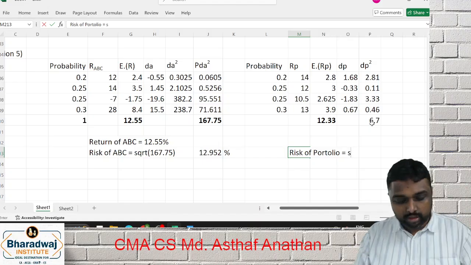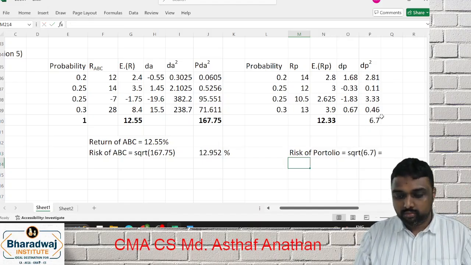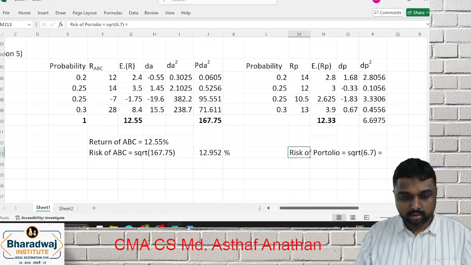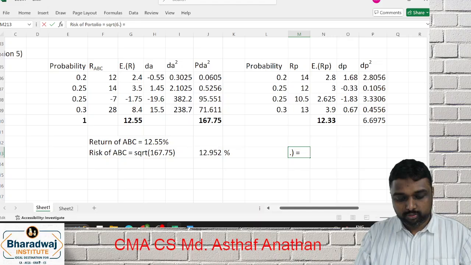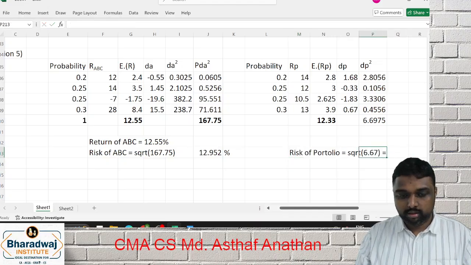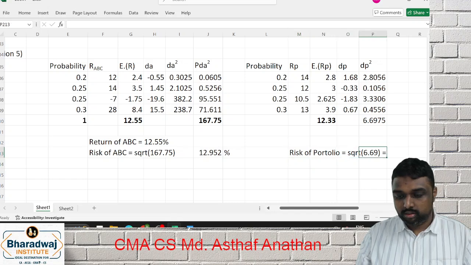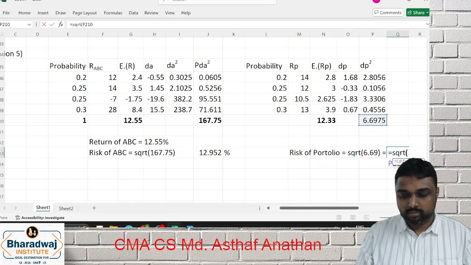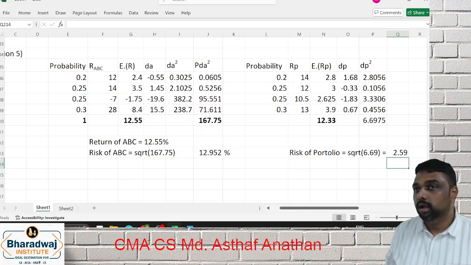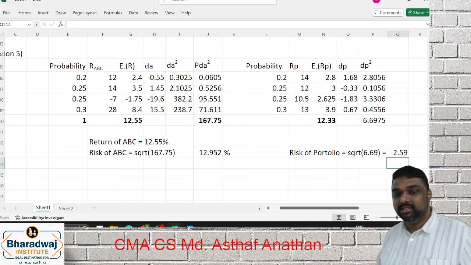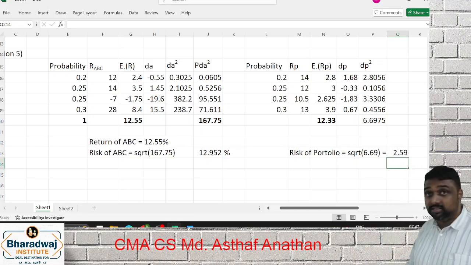What will come? Square root of 6.69. That's all. This is how you have to get it. Are you clear? Yes or no, friends? This is how we can do it very fast.